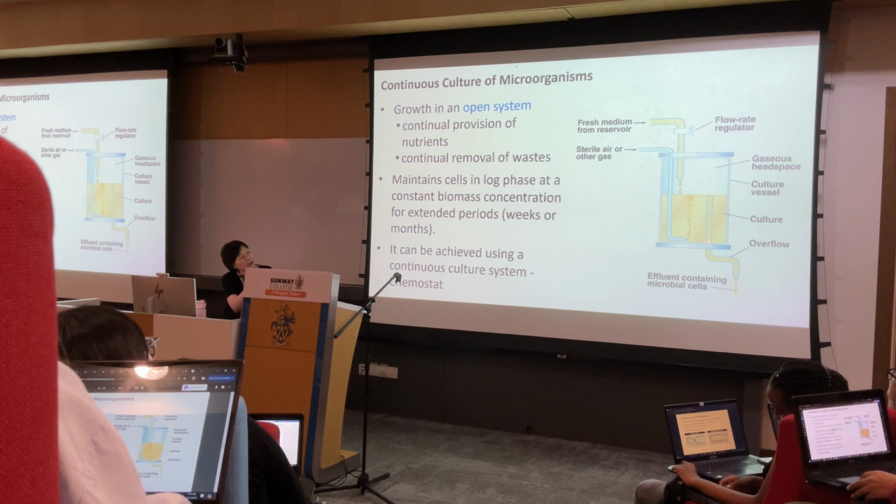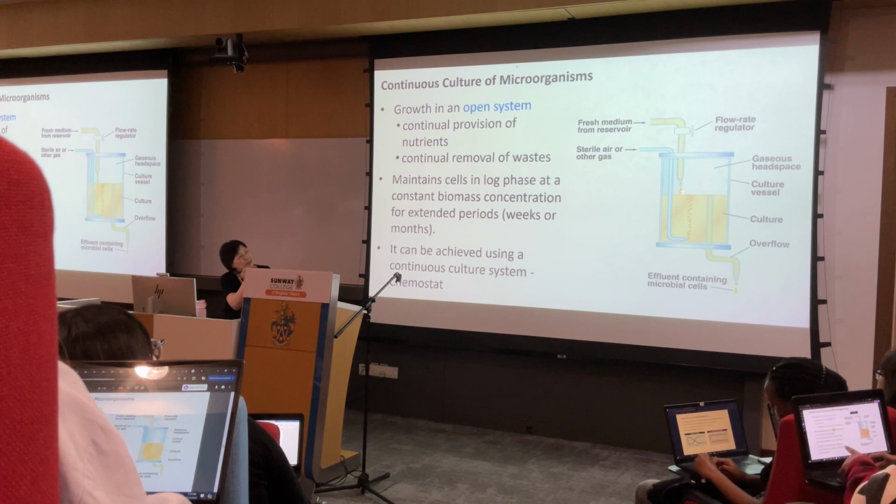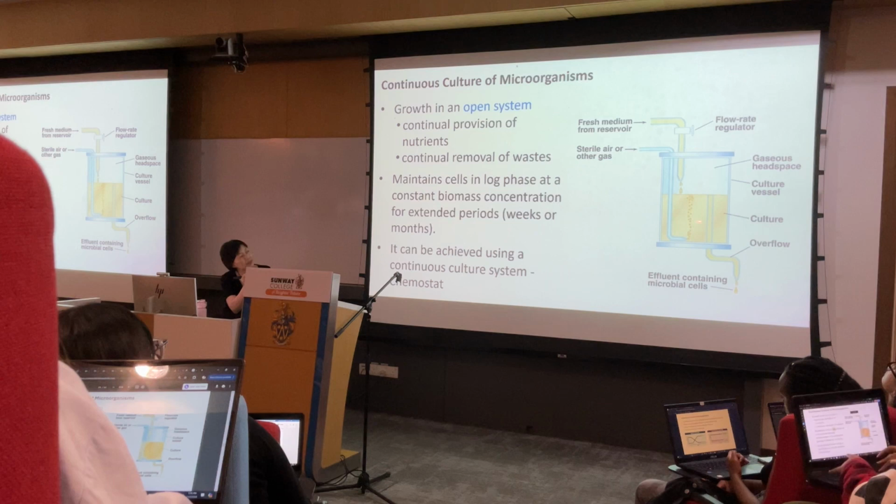And wherever you have flow, something is flowing out, which is collected here, the culture, allowing them to collect whatever is being produced inside the tank. Importantly, the flow rate of the incoming and outgoing culture or medium is the same rate. Therefore, the volume inside the tank will never drop, and will be maintained at a certain volume. So it maintains an environment in which all the time the cells inside the tank are undergoing exponential growth.